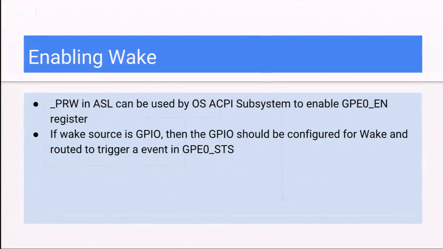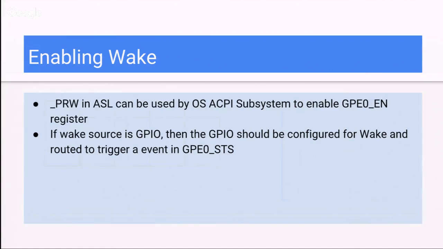So now that we are in S3, even before we entered S3, we should have enabled wake. If you look at some of the examples of what can wake your system up, it could be clicking your mouse, hitting your keyboard, lid open. It could be an RTC alarm.